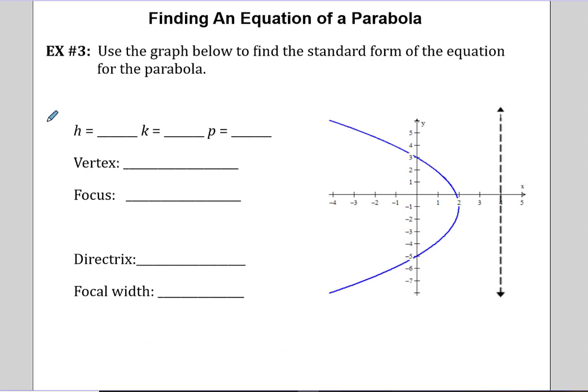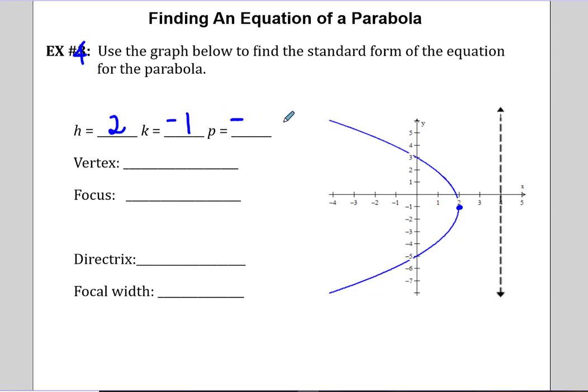In example 3, this should be example 4. We got a typo here. In example 4, we're going to have the HK value looks like 2, -1. So this time we're going to use the parabola graph and write the equation.